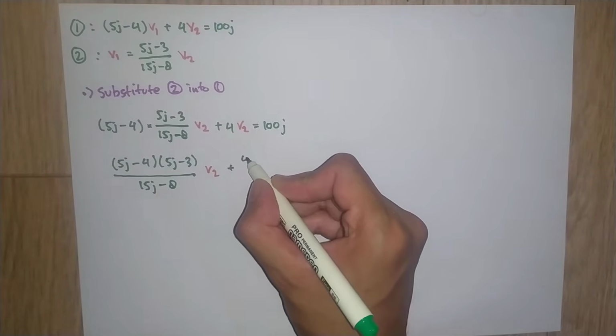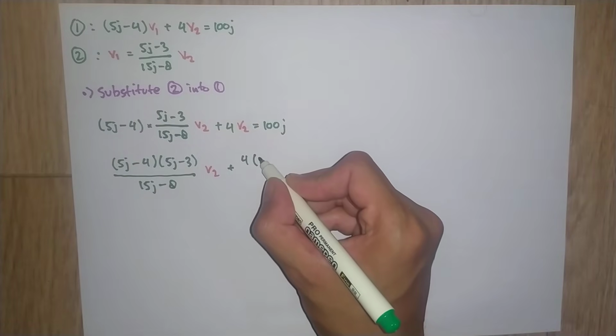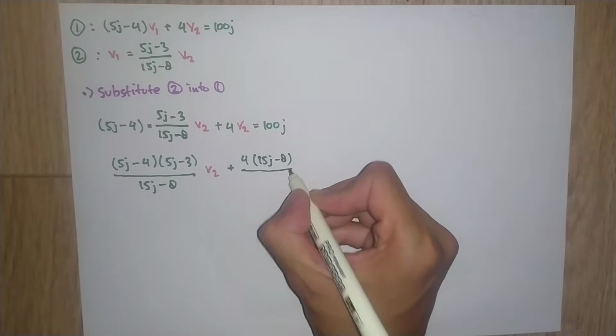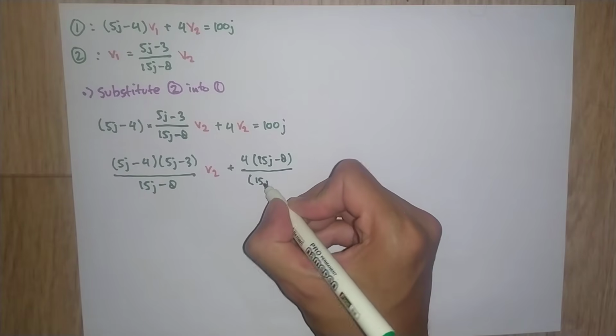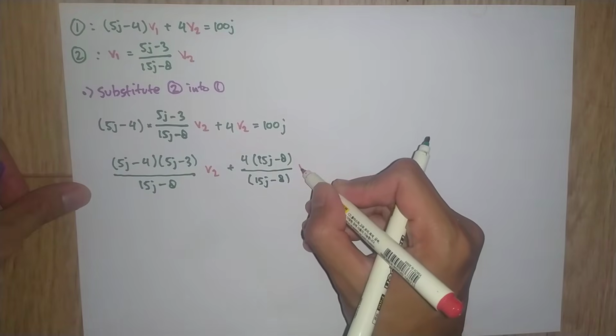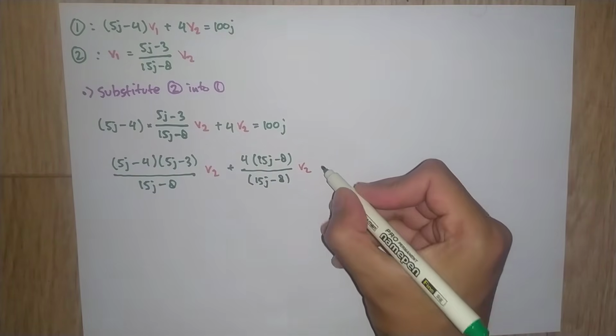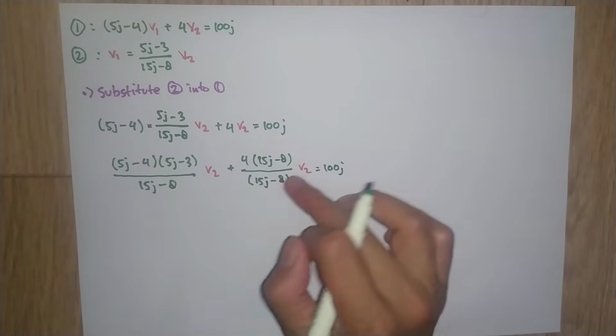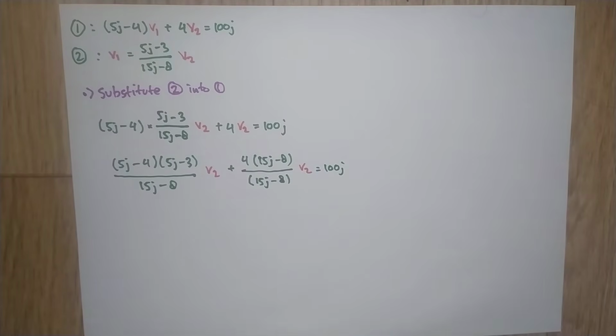So I'll have 4, I multiply this one with 15j minus 8 divided by 15j minus 8 of V2, and that will equal to 100 joule. This works because this is 1, right? We can cancel this and this.